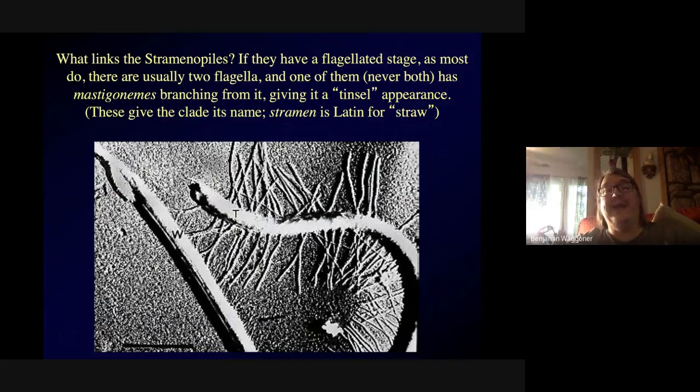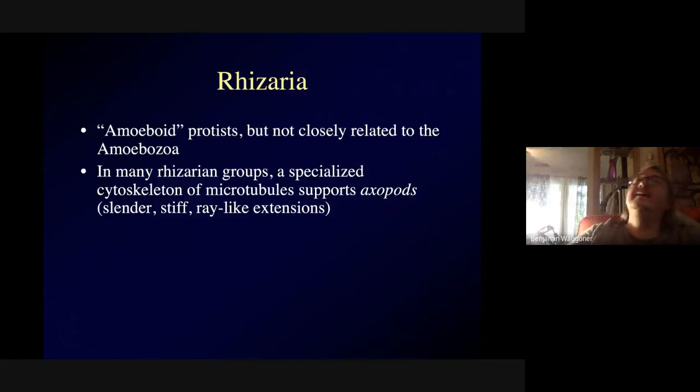That's a shadow cast electron micrograph right there. You see the 2 flagella. One of them is smooth, and the other one has these little tinsel hairs branching off of it, these mastigonemes. So much for the S in SAR. And I won't say much more about them.